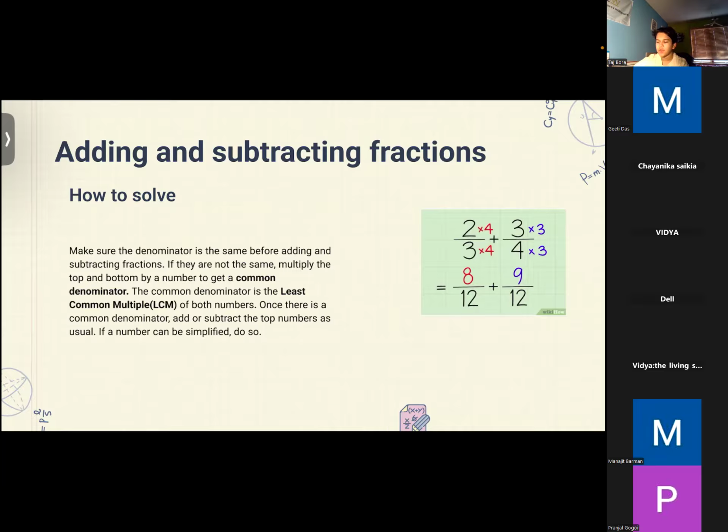And if they're not the same, you need to multiply the top and bottom by a number to get a common denominator. So as you can see in the right picture, 2/3 plus 3/4 are being added. So they multiplied 3 by 4 and they multiplied 4 by 3 so that they could get a number on the bottom that's the same, 12. So that is what the common denominator is.